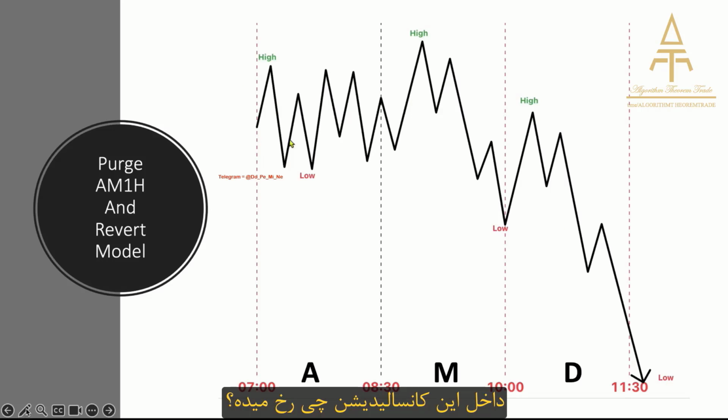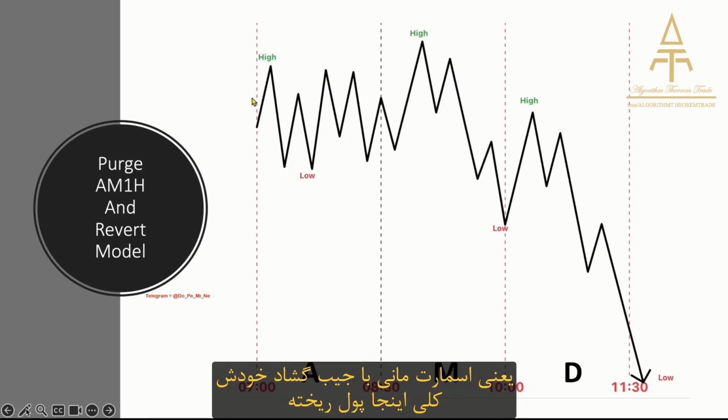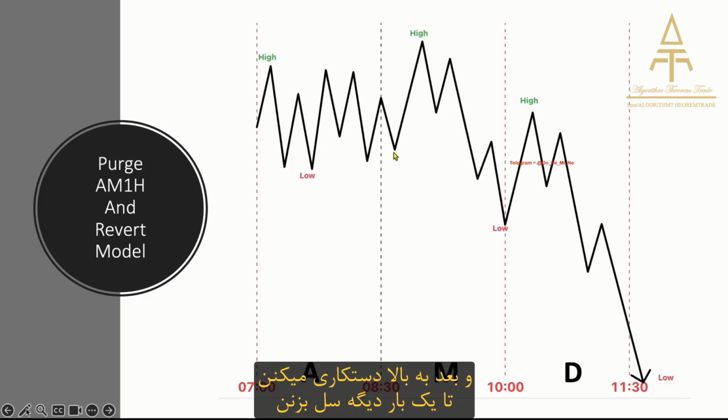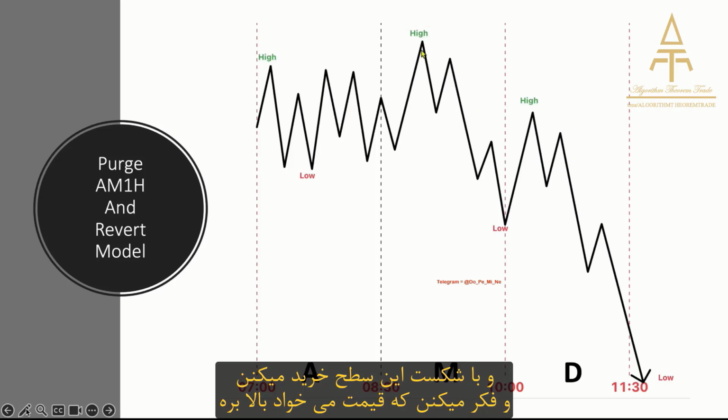What is occurring right here inside of this consolidation? Inside of this consolidation, orders are being accumulated. That means that smart money, that have very deep pockets, that have a lot of money, they accumulate shorts here. They then manipulate higher to short once more to trap buyers, to trap retail buyers to be precise, into believing that the market is going to go higher.